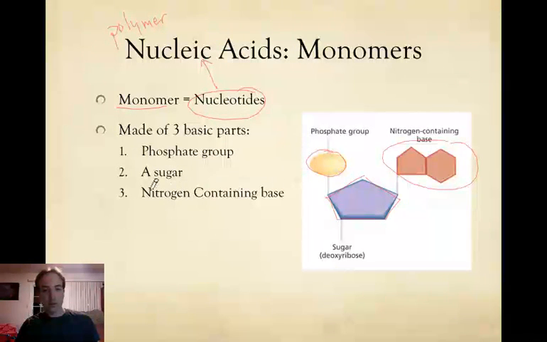However, this nitrogen-containing base is what will make the different nucleotides. Okay, there's actually 5 different nucleotides that we will run into over the course of this year. And that means that there are 5 different nitrogen-containing bases. Okay, each one is responsible for creating one of the 5 nucleotides that we talk about.